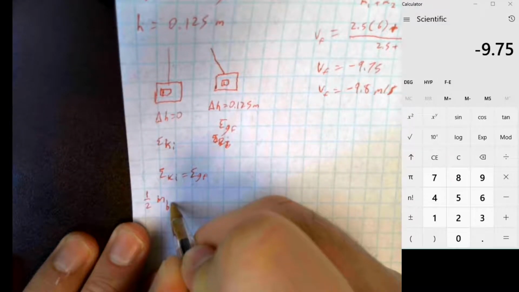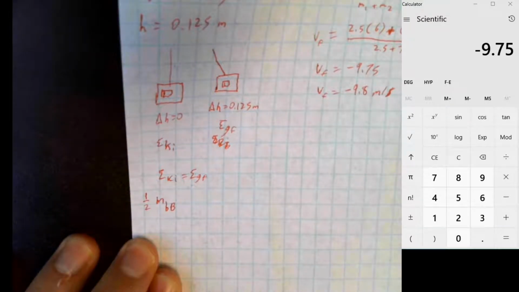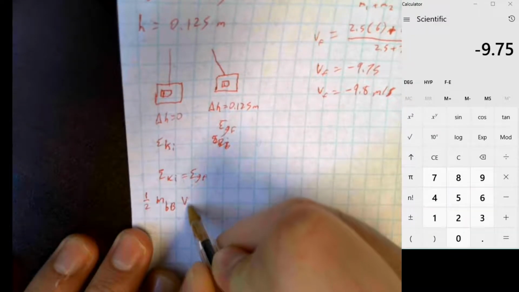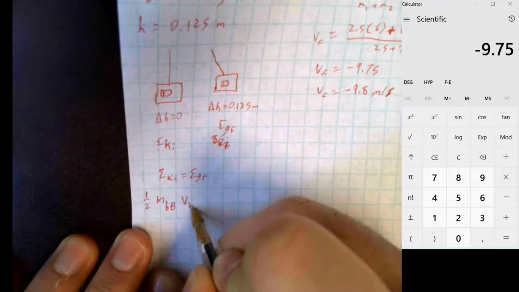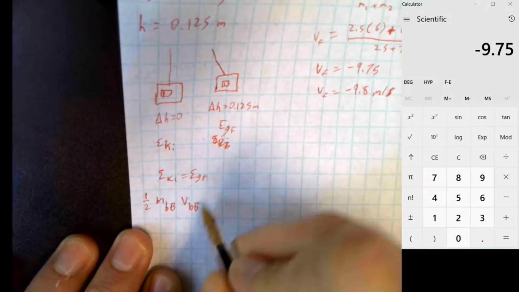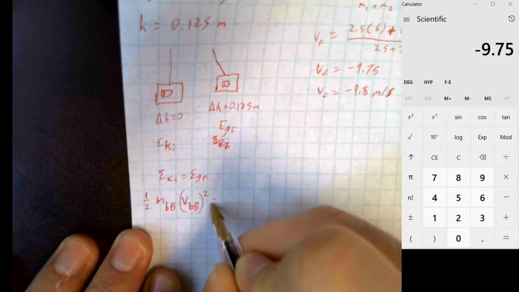So what I need to do now is figure out that EKI is 1/2 of M of the bullet and the block, so MBB, and the VBB, which is the velocity, squared.